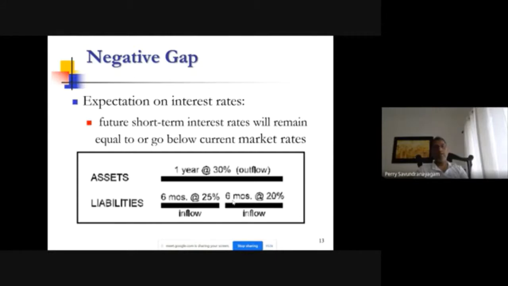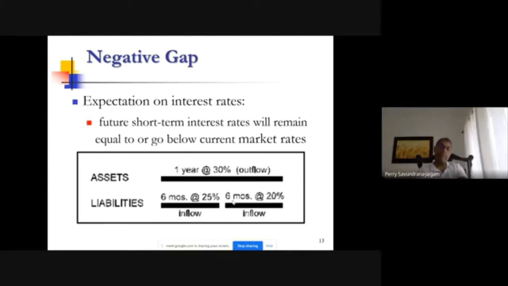Number one, you're expecting interest rates to remain at 25%, or number 2, you're expecting interest rates to come down below this. So you're creating an asset at a higher rate, and you're expecting the rates to come down further after 6 months is over, or at least stay at the same level. So from a compounding perspective, you'll still be generating a decent income.